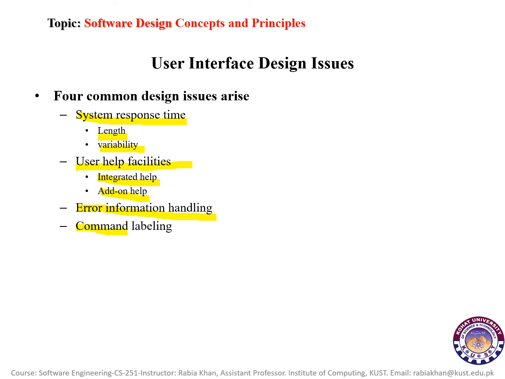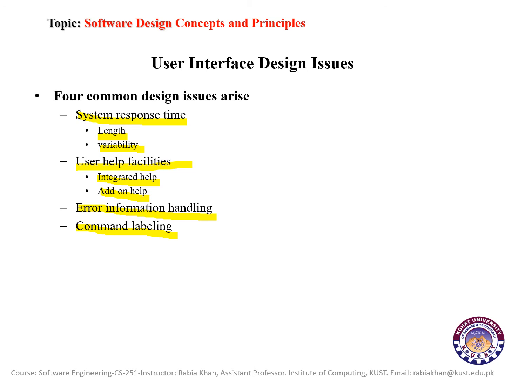The fourth common design issue is command labeling. The typed command was once the most common mode of interaction between the user and the system software and was commonly used for applications of every type.